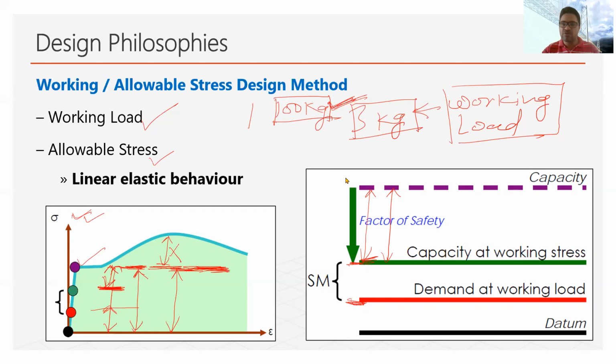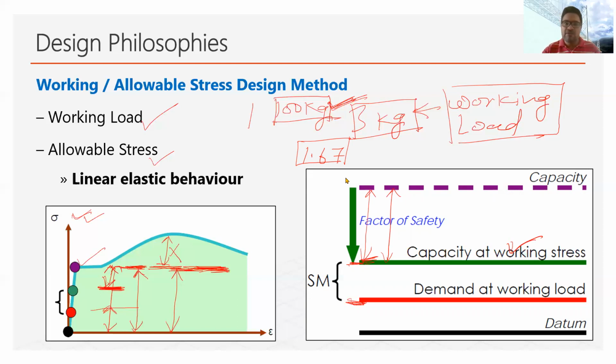Now this factor of safety is calculated by many probabilistic methods, and there are many bases on which it is calculated. In working stress design, it is mentioned in the design code that a safety factor of 1.67 will be used to calculate the working stress, I mean the capacity of the steel.